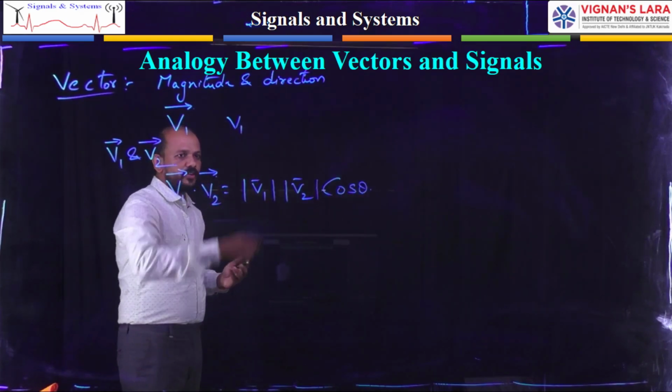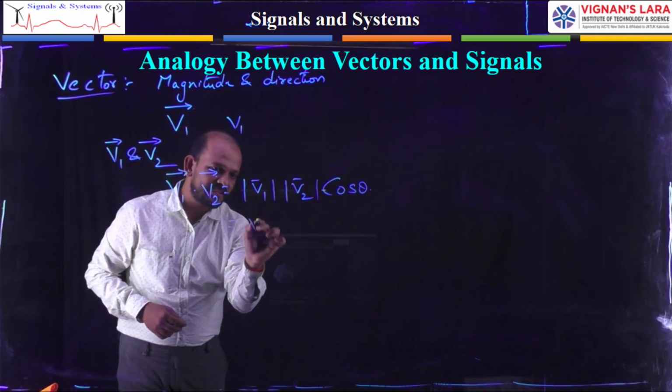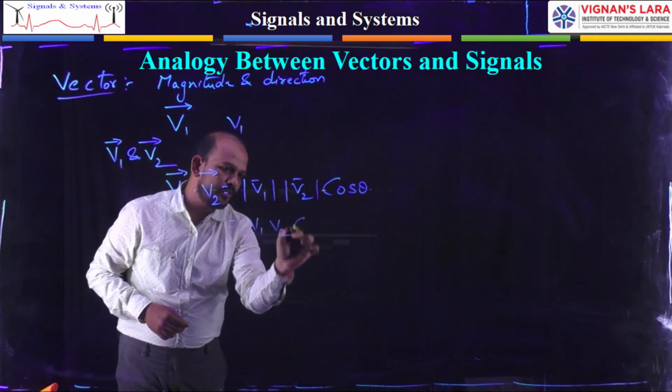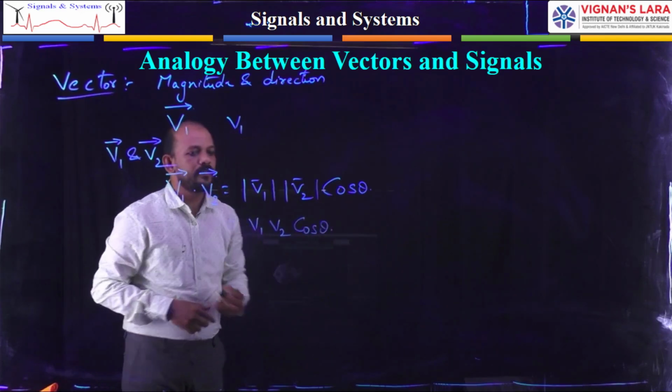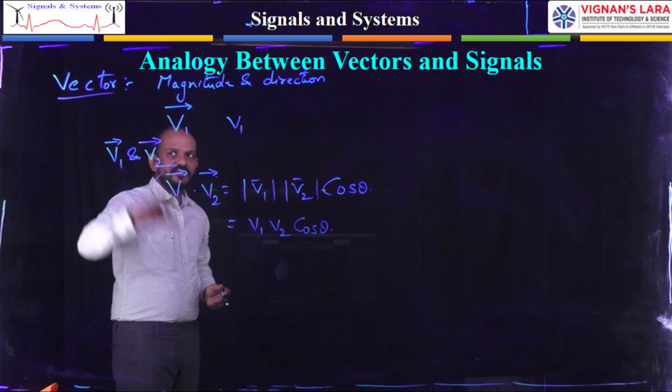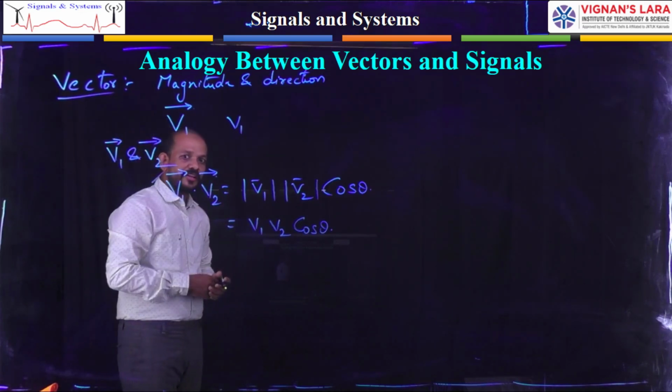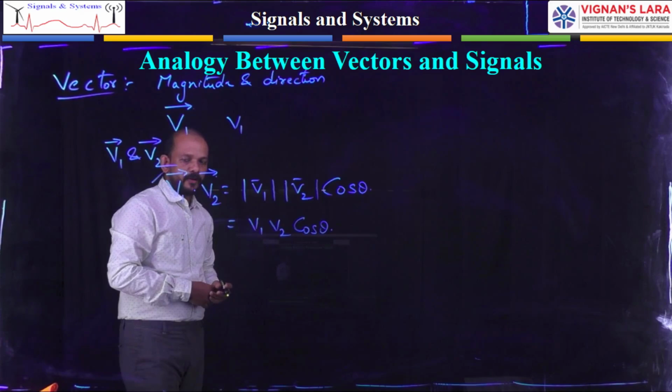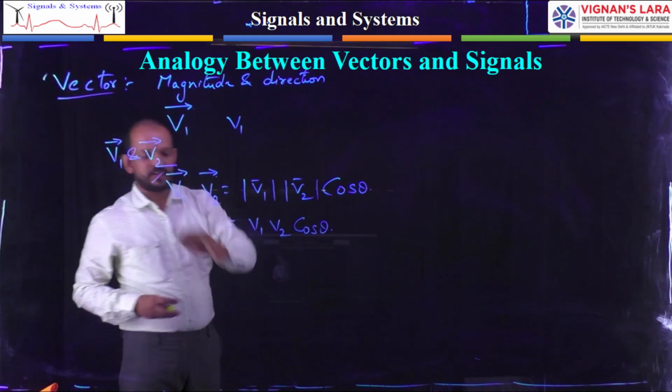Simply, we can write V1 V2 cos theta. So you all know the dot product of two vectors. This vectors concept and the dot product will come in handy in a few minutes. So this is regarding vectors.